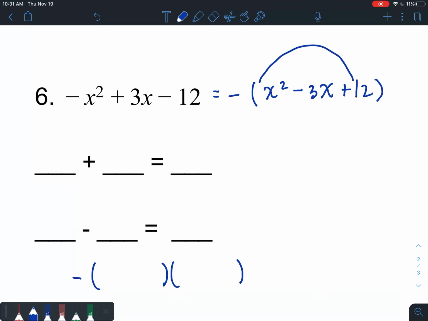So I need two numbers that multiply to be 12, but add to be negative 3, because I'm using these numbers here. So let's think of some numbers that multiply to 12. I've got 1 and 12, 2 and 6, 3 and 4.